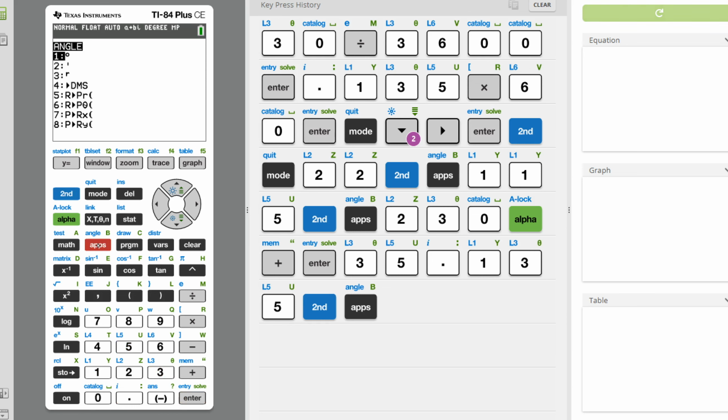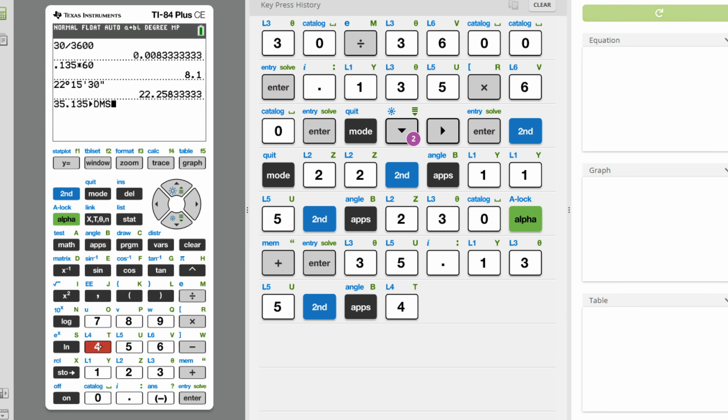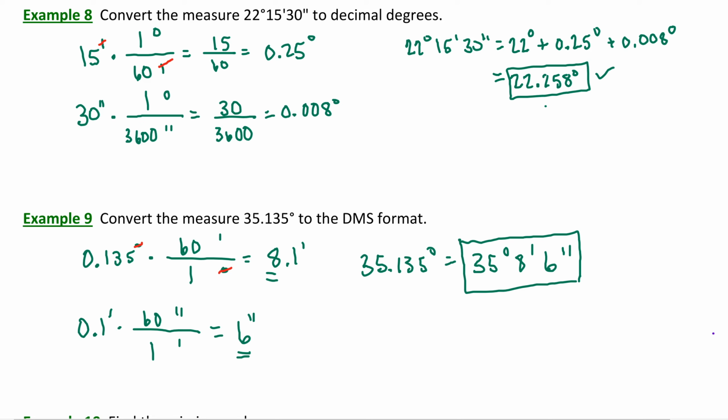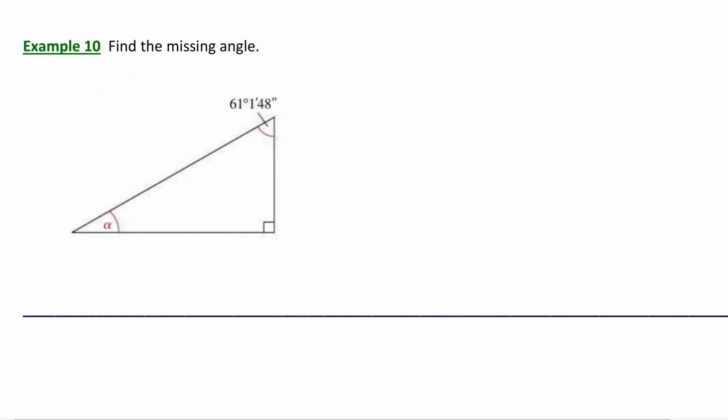Notice option number 4 there is DMS, or degrees, minutes, and seconds. So this signals to the calculator that the value I entered was in degrees, and it's going to convert it to the DMS format, 35 degrees, 8 minutes, and 6 seconds. So we did a great job. I do want to stress that that only works if you are in degree mode. If your calculator is in radian mode, you'll get some gibberish.